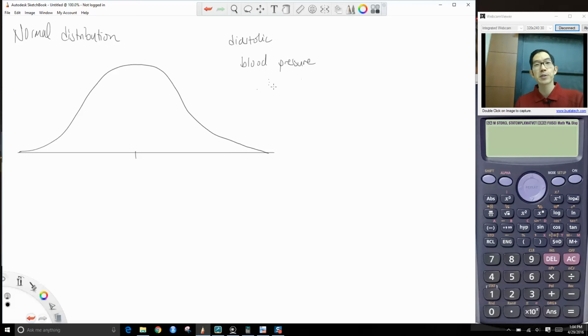So when you get your blood pressure reading, it's like 120/80 or something. Diastolic would be the 80, okay? We'll say diastolic blood pressure follows a normal distribution with a mean of, I'm just making up numbers, 73 and a standard deviation of 10. Okay.